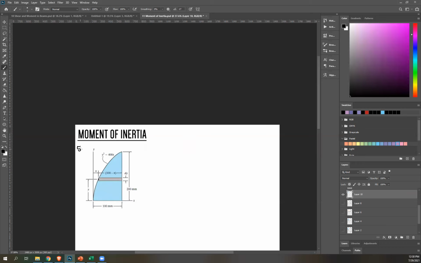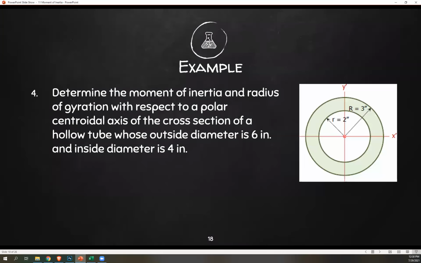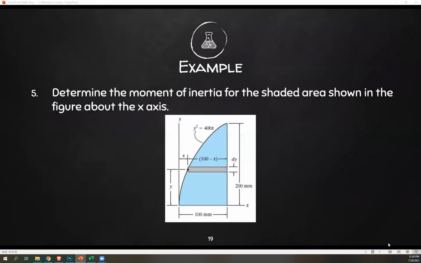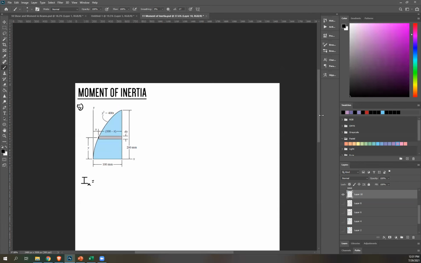So number 5 is a bit different. Determine the moment of inertia for the shaded area shown in the figure about the x-axis. We're looking for I sub x. Now, unfortunately, unlike the previous examples, we don't have an equation for this, which is actually the area of a spindle.